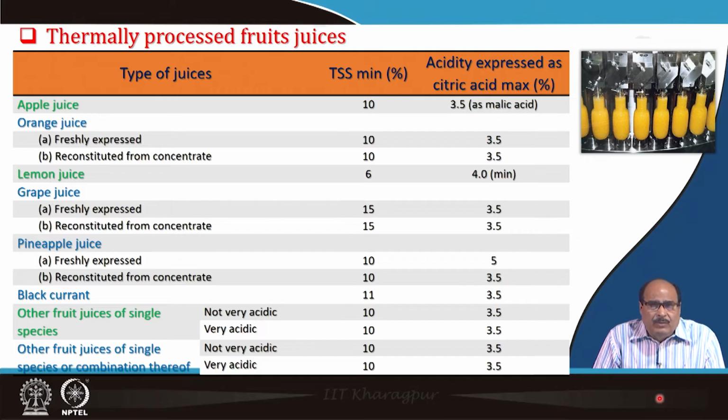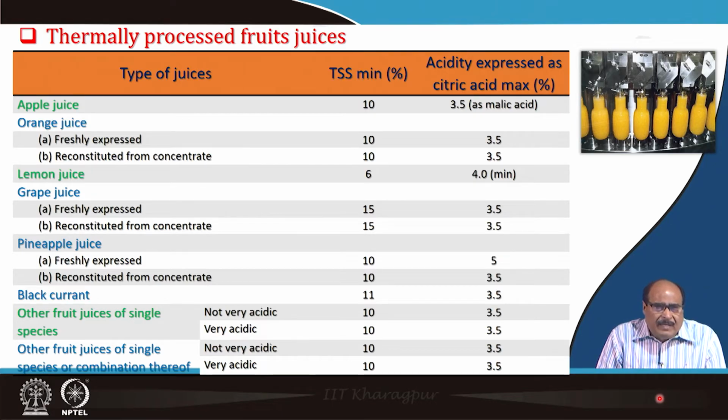Similarly, for lemon juice, TSS should be 5% minimum and the pH should be 4 minimum. Then similarly, the grape juice, whether freshly expressed or reconstituted, should have TSS minimum 15% and acidity expressed as citric acid minimum 3.5.